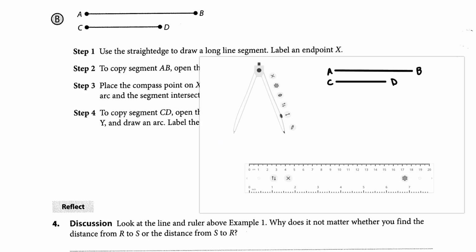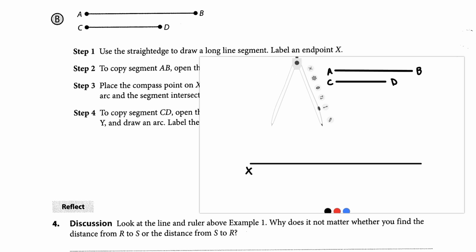There isn't a compass tool in this program, so I inserted a clip of me doing this. Step 1 is to use the straight edge to draw a long segment and label an endpoint with X. Then we copy segment AB by opening the compass to the distance AB.